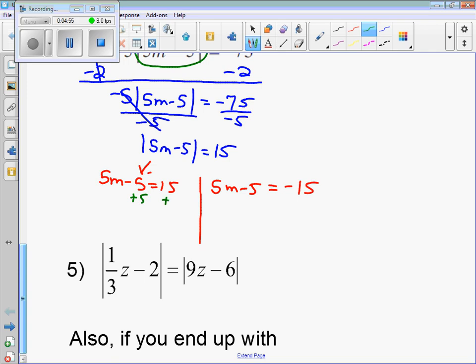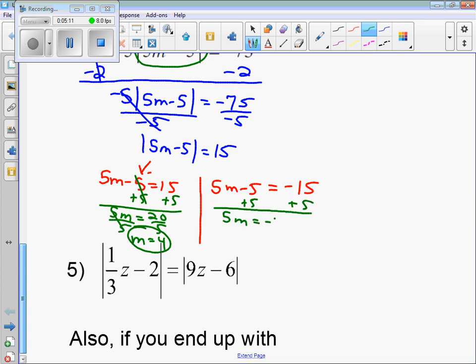Add first. Then divide. In this case, m equals 4, and m is going to equal -2. Both are solutions. Moving on.